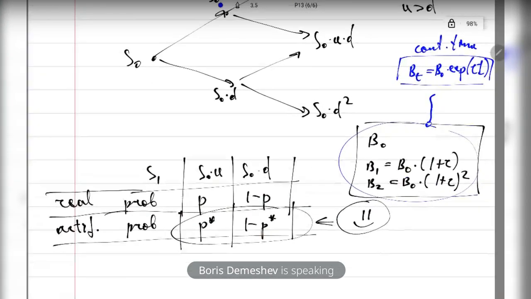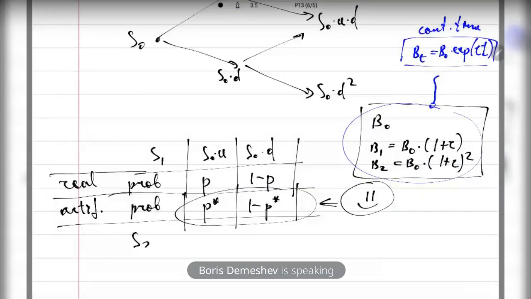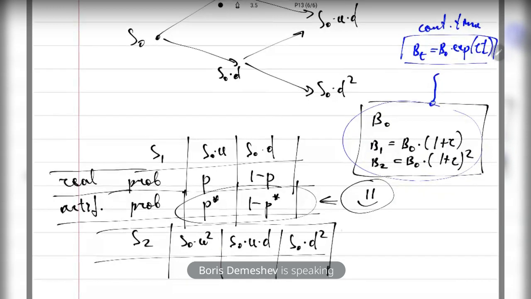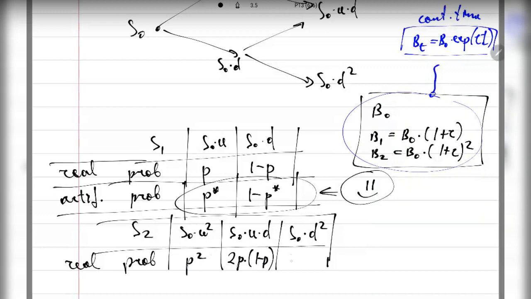Okay, if I consider S2, S2 is a random variable. It has 3 possible values: S0 times U squared, S0 times U times D, and S0 times D squared. And real life probabilities are P squared, twice P times 1 minus P, and 1 minus P squared.